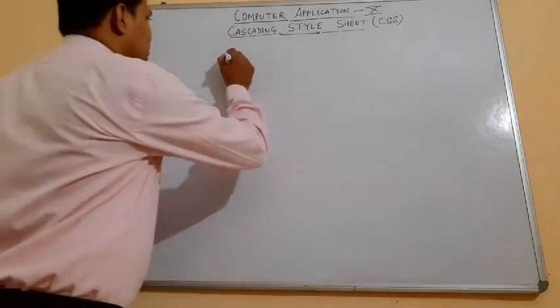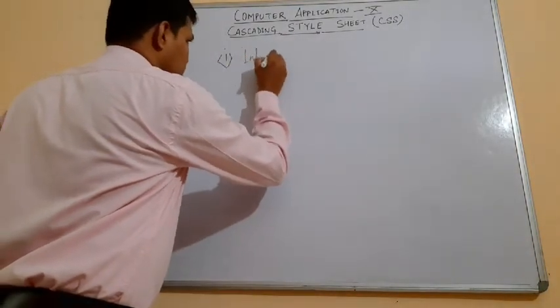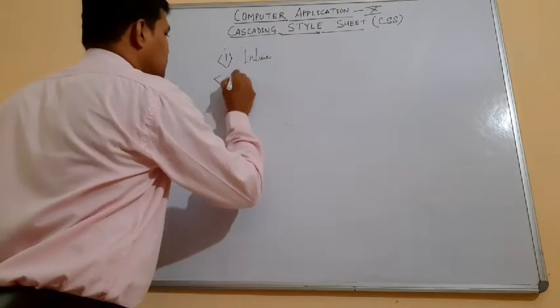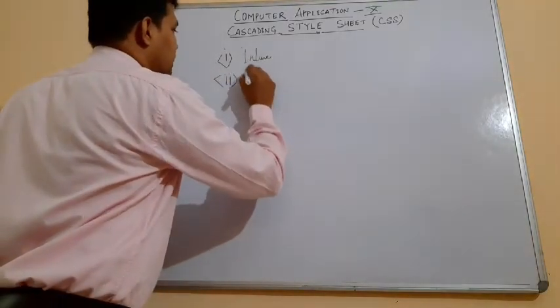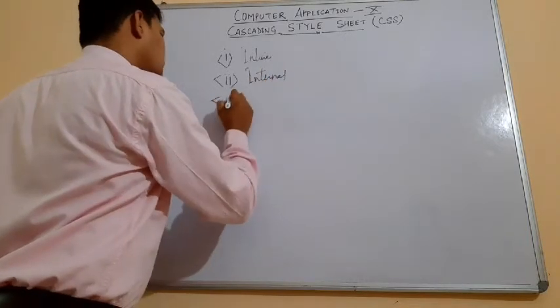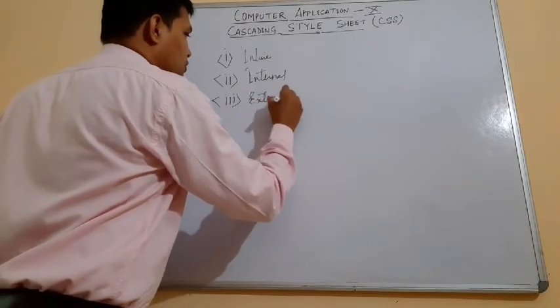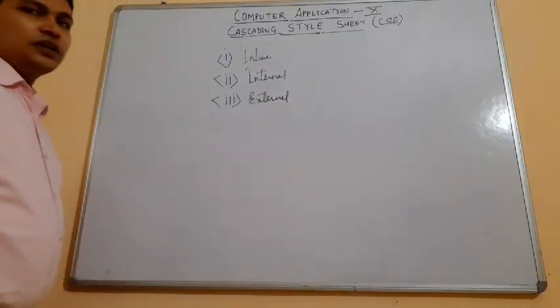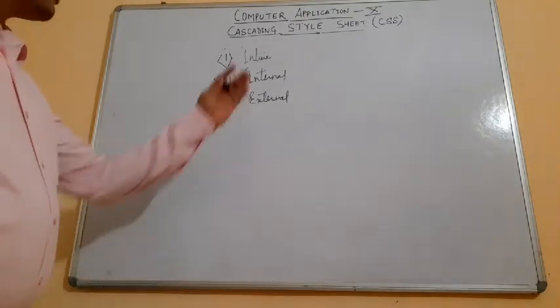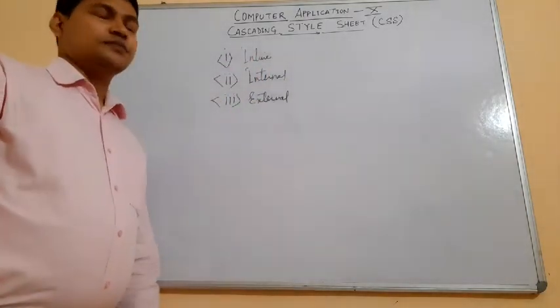The first is called inline, the second is called internal, and the last one is called external. First one is inline, second one is internal, and third one is external.